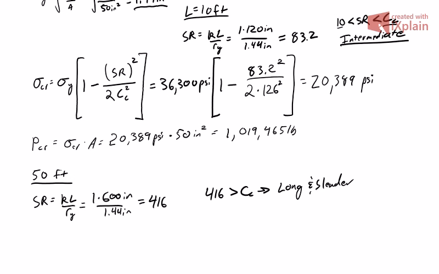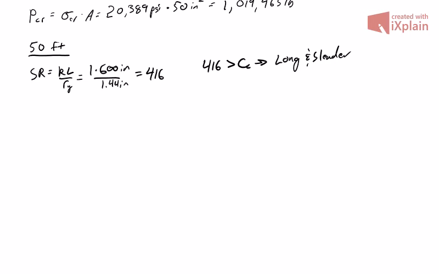All right, so for a long and slender column, the critical stress is equal to pi squared times Young's modulus over KL over R squared. So again, KL over R is just the slenderness ratio, so we can just say SR. That becomes pi squared times 29 times 10 to the 6th all over 416 squared.